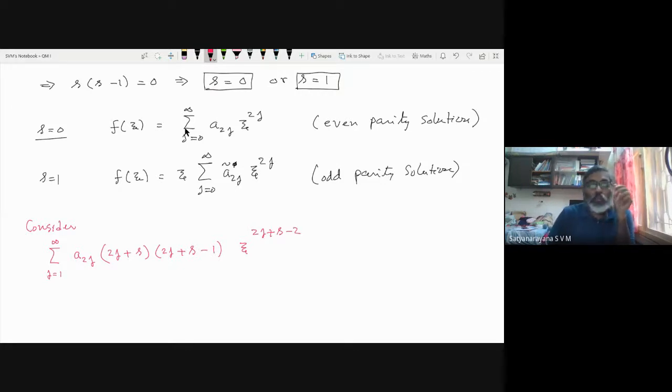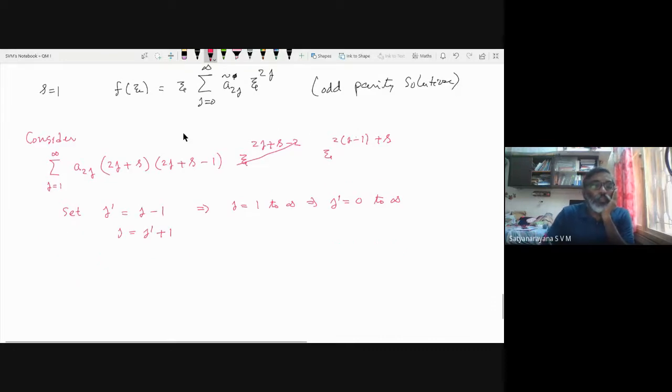Okay, so what I'm going to do is write this term as xi to the power 2j minus 1 plus s. Okay, and now set some other j prime to be j minus 1. This implies j equal to 1 to infinity becomes j prime equal to 0 to infinity, and j can be written as j prime plus 1.